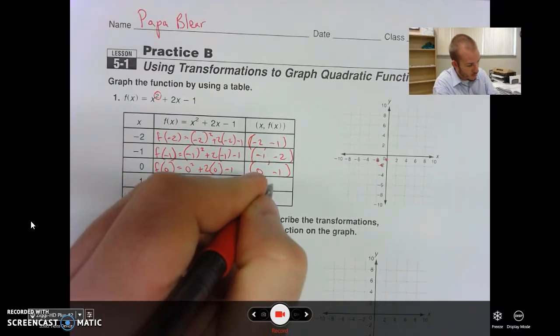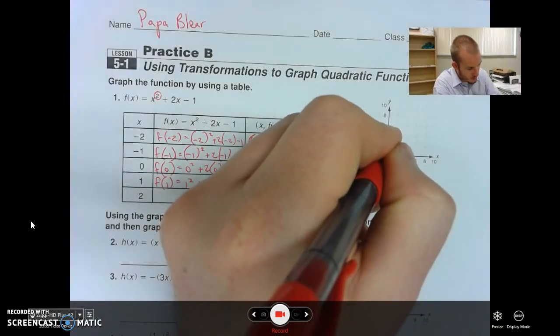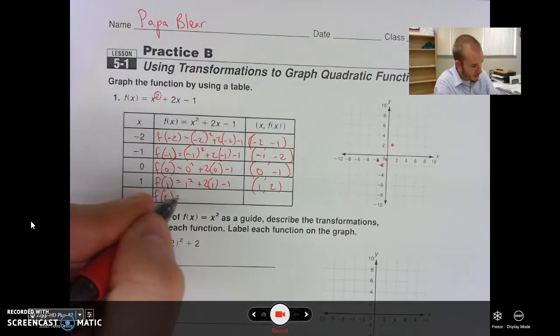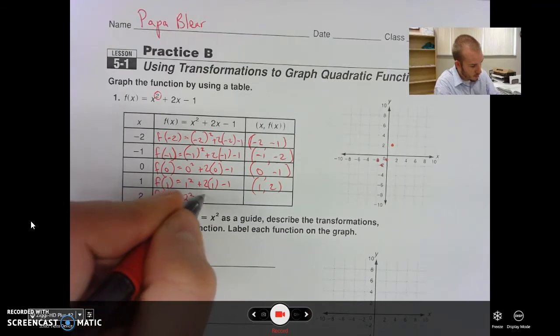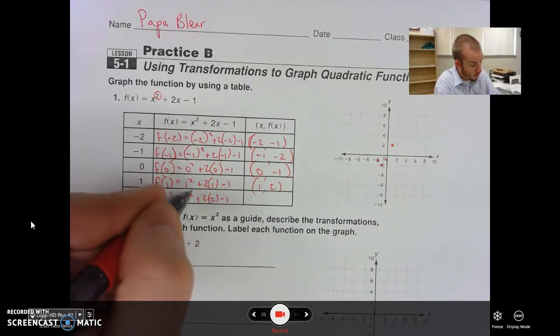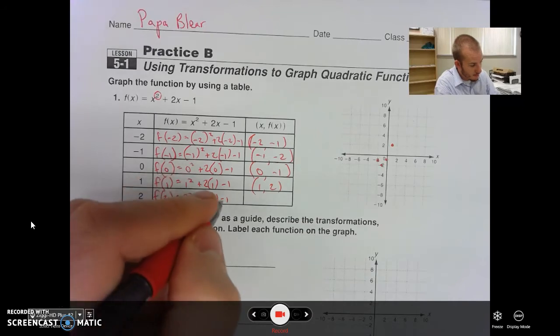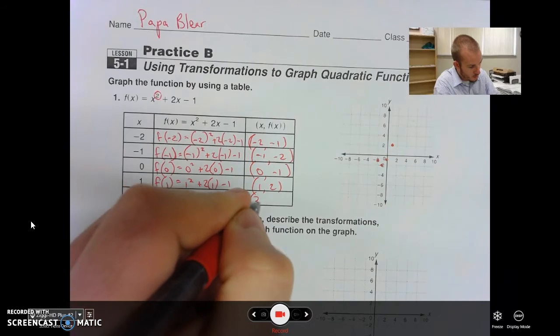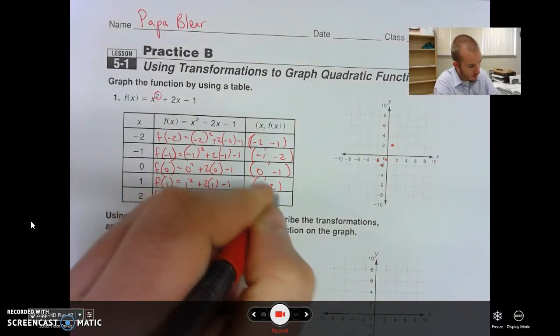So 1 comma 2. And f of 2 is equal to 2 squared plus 2 times 2 minus 1. 4 plus 4 is 8, minus 1 is going to be 7. So 2 comma 7.